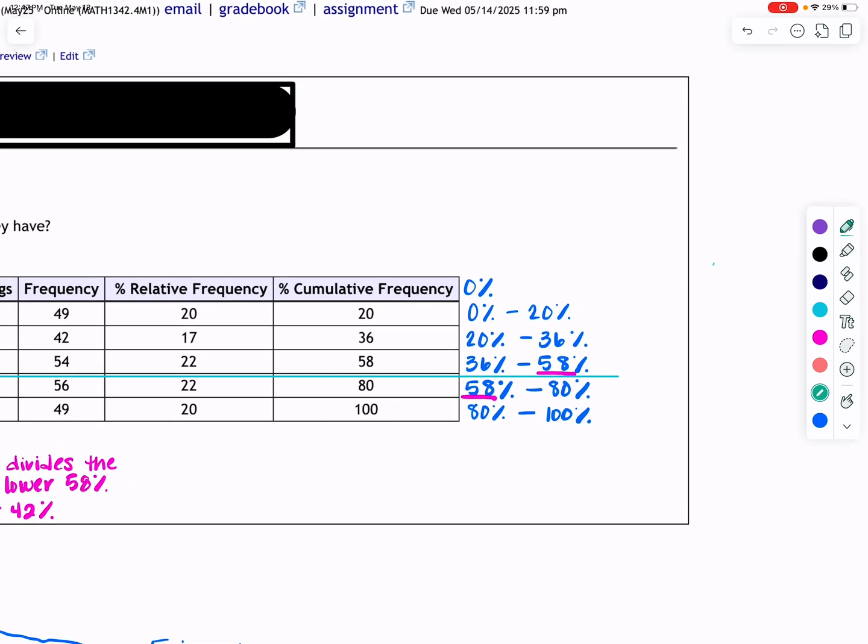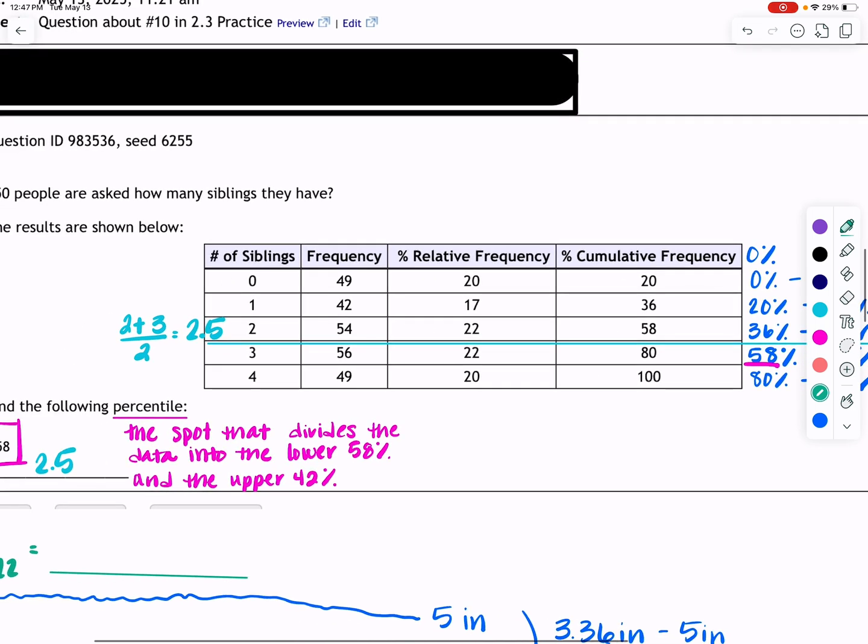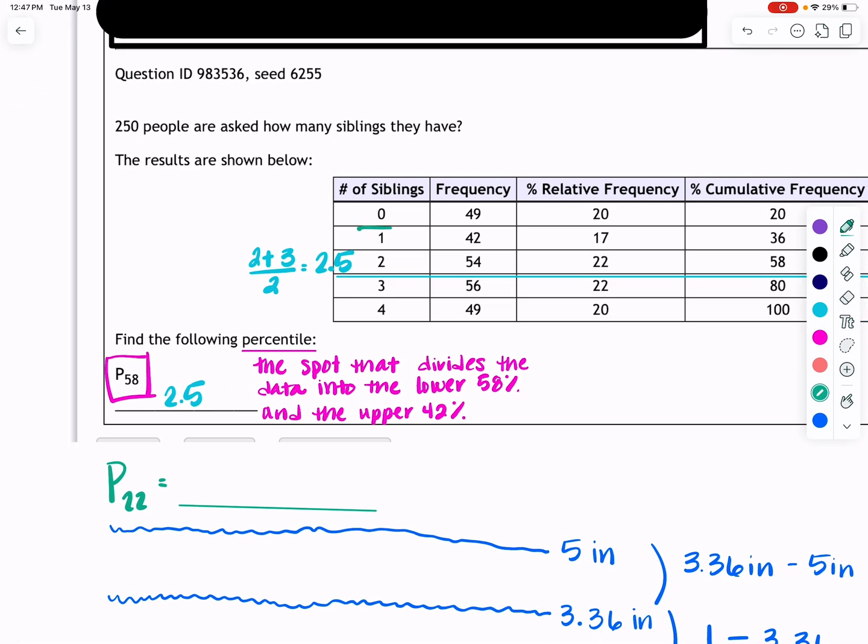So I come in here and I notice that 22% falls between 20 and 36. So that means my 22nd percentile occurs when we only have one sibling. So that means P22 is 1 because it's solidly in that category.